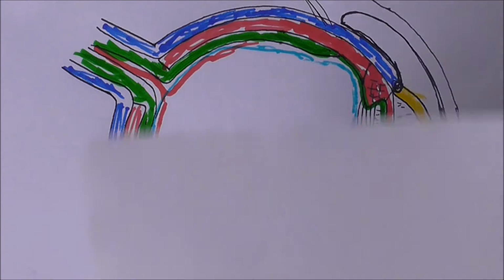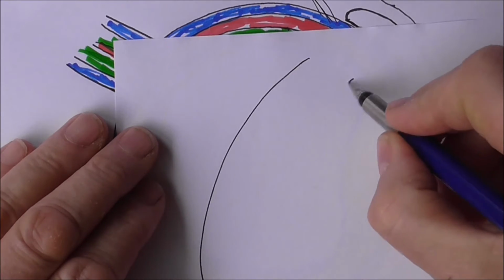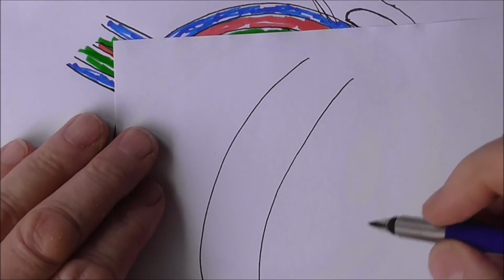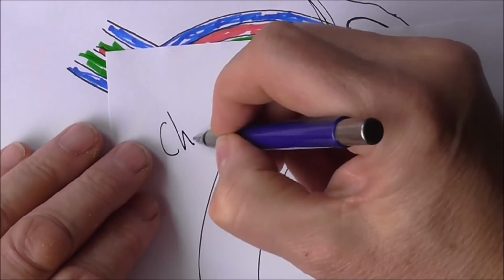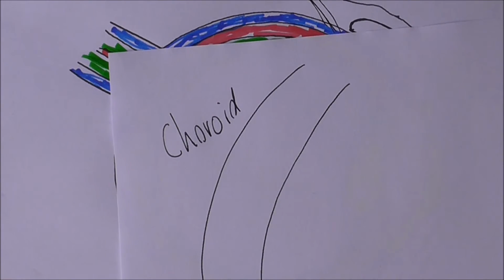Now if we think about this in a bit more detail, the retina is in two layers. So firstly on the outside we have the choroid layer. And what we've done in these talks is we've drawn that in red. We'll maintain that.